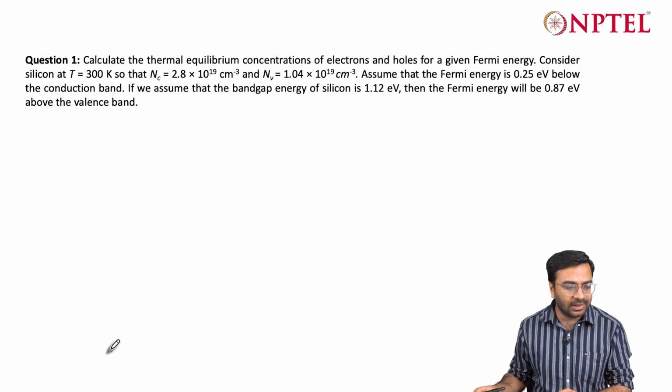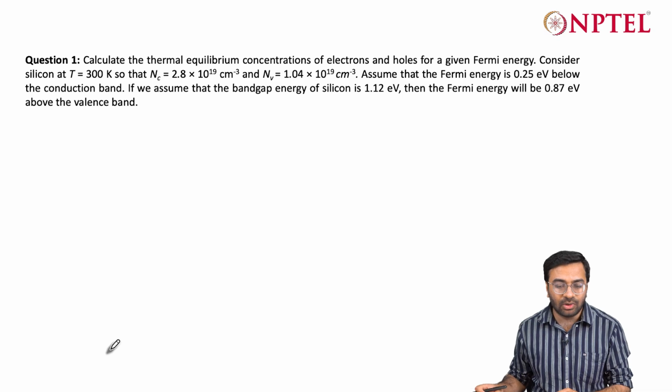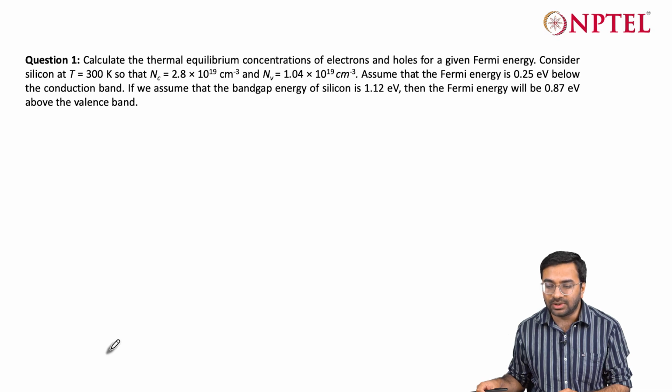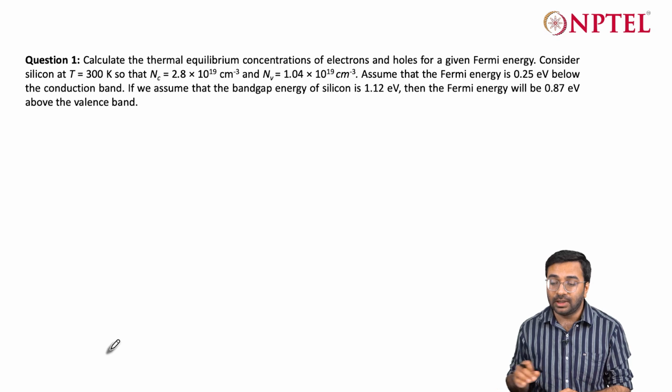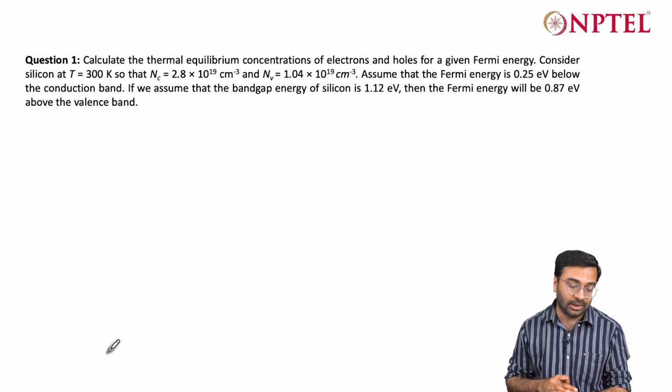Consider silicon at T equal to 300 Kelvin, so that Nc is equal to 2.8 into 10 to the power 19 and Nv is equal to 1.04 into 10 to the power 19 per centimeter cube. Assume that the Fermi energy is 0.25 electron volt below the conduction band. If we assume that the band gap energy of silicon is 1.12 electron volt, then the Fermi energy will be 0.87 electron volt above the valence band.